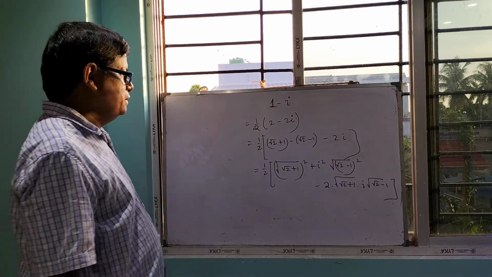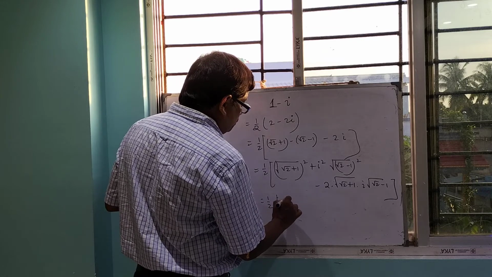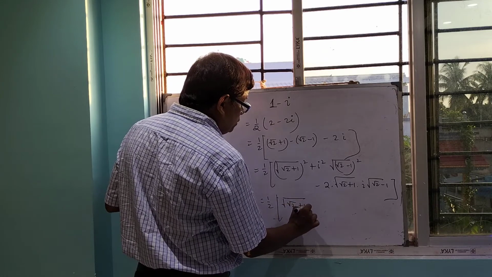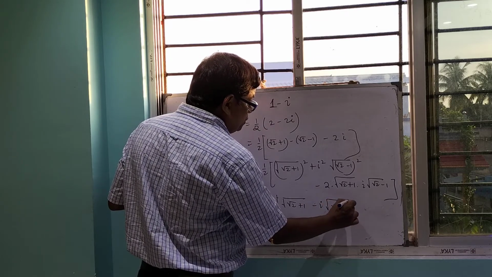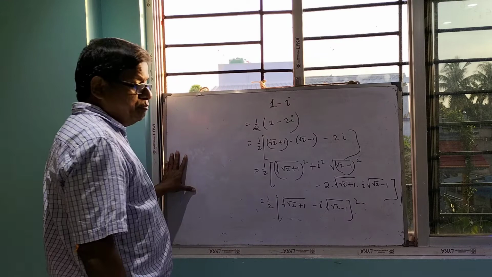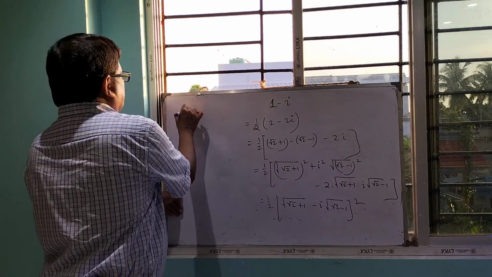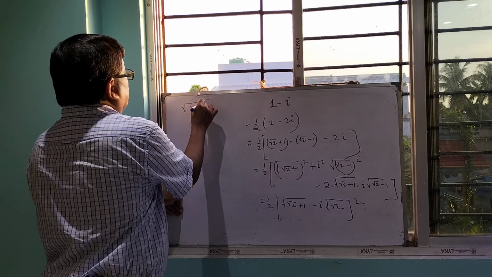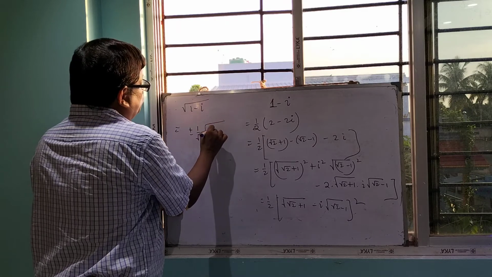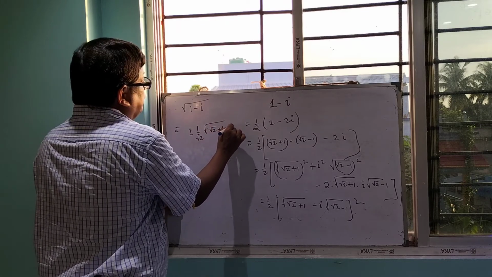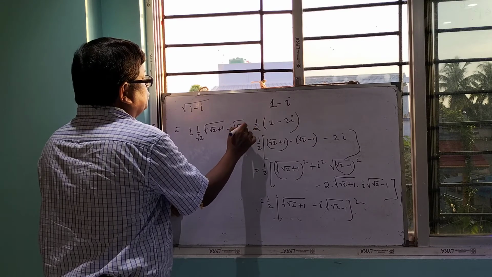Now half of root over root 2 plus 1 minus i of root over root 2 minus 1, whole square. Now square root will be plus minus 1 by root 2 times root over root 2 plus 1 minus i of root over root 2 minus 1.